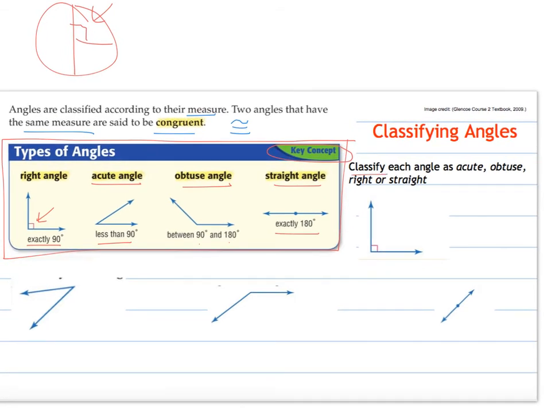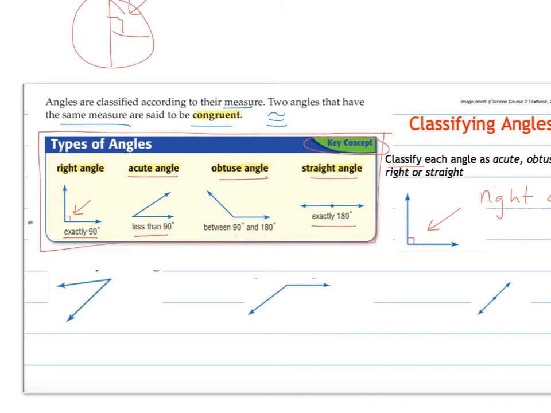So we are supposed to classify, which means name, each angle as acute, obtuse, right, or straight. So when I see this mark there, I know it's 90 degrees exactly. So that is a right angle. Here I'm noticing that this is not a 90-degree angle because that would be if it was extended. So it's less than 90 degrees. So this is an acute angle.